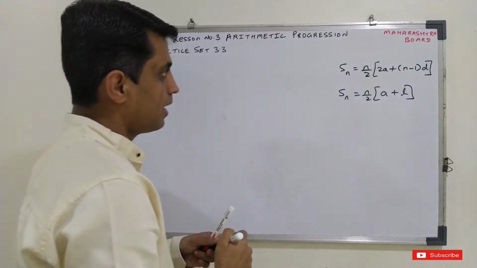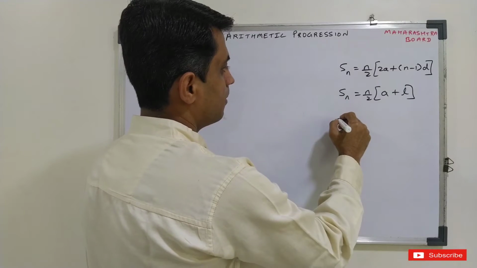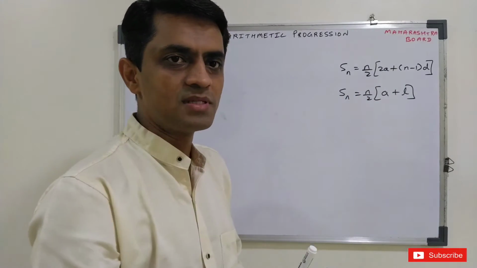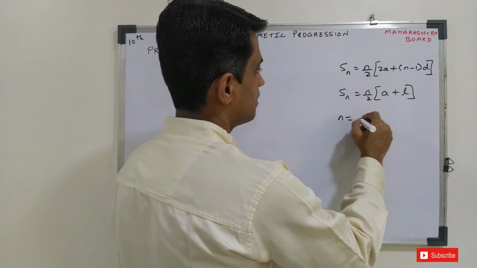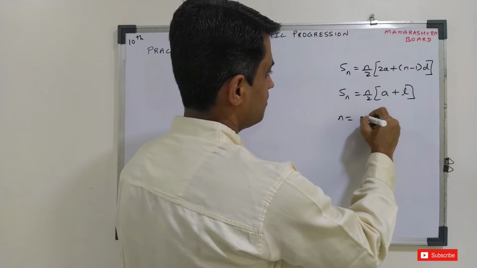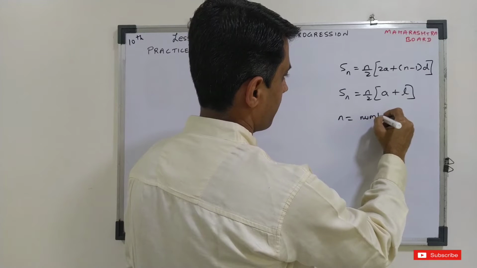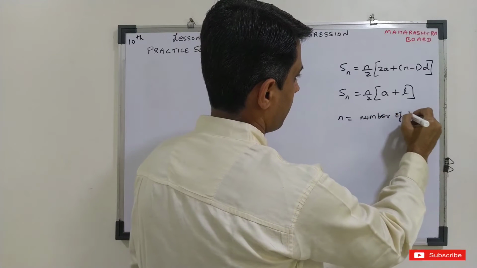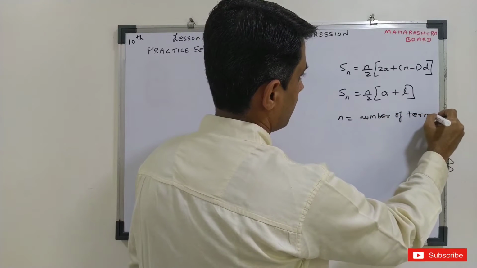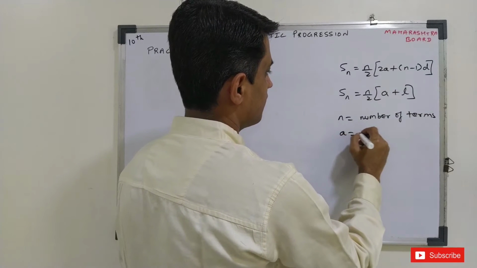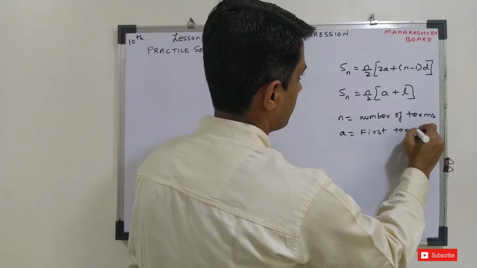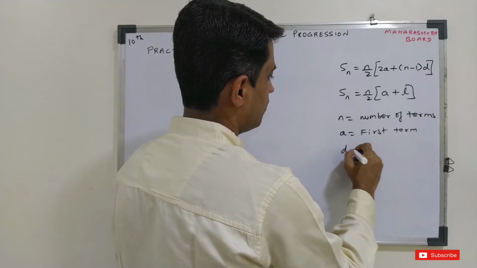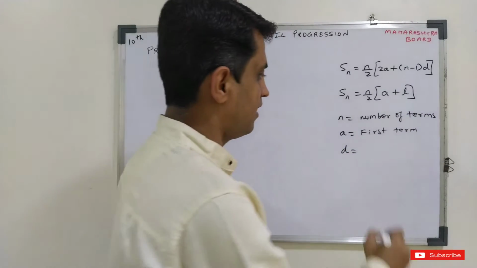Now here n indicates number of terms, means how many terms are there. So I will write here n means number of terms, and a means first term, d means what? You know very well what you mean by d? Common difference.